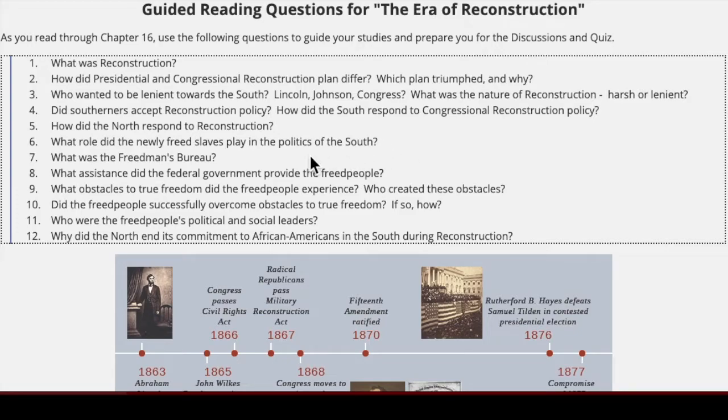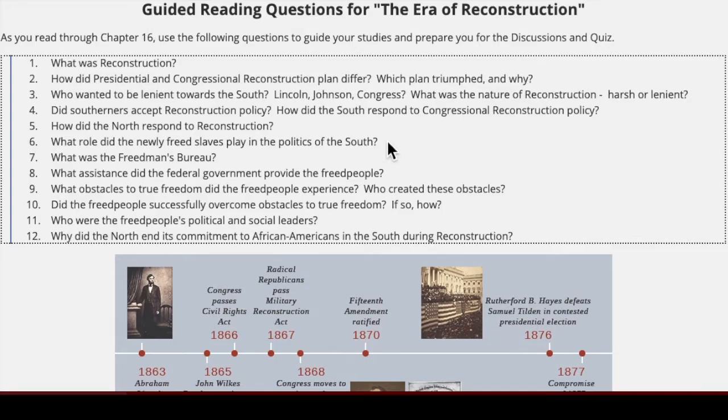For example, you might want to clarify this one and say, the newly freed slaves helped Reconstruction achieve some success. That's narrowing the question down, but it allows you to answer the question with sources of your own.